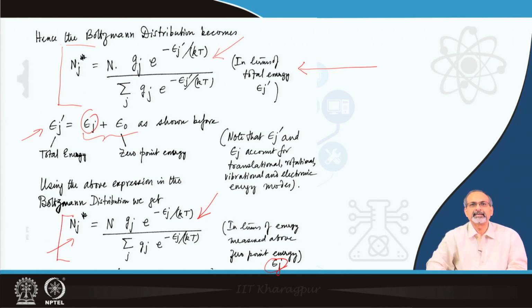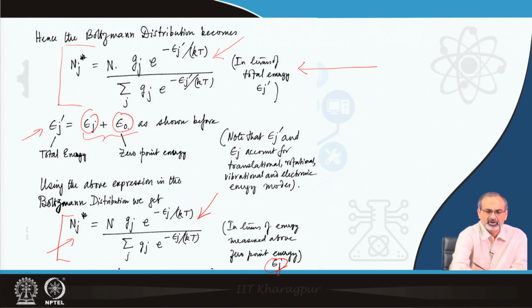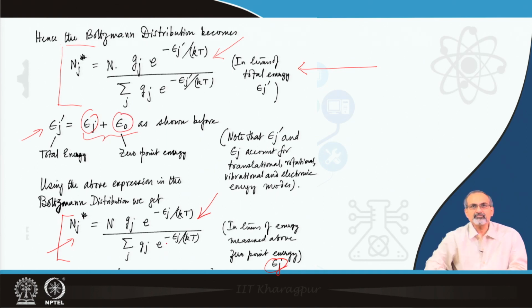So, epsilon j dashes are replaced with epsilon j alone, and you will find that the epsilon naught contributions in the numerator and the denominator should ideally no longer remain once you simplify, and therefore, this is how the expression is going to look.